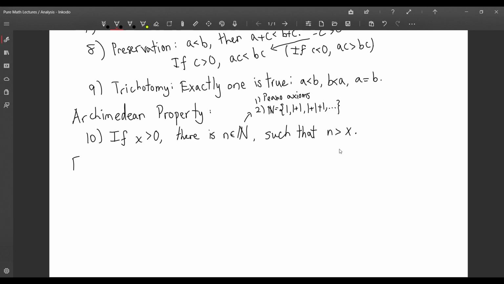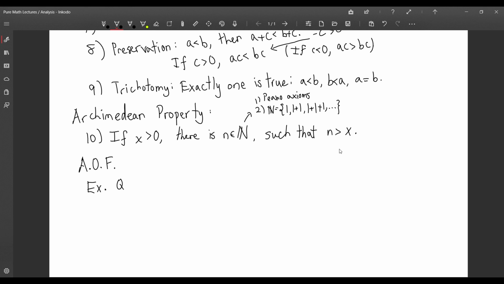And so now we have what's called an Archimedean ordered field, which I'll just abbreviate as AOF. Archimedean ordered field. But even though we now have 10 properties, this is not enough to pin down the real numbers.